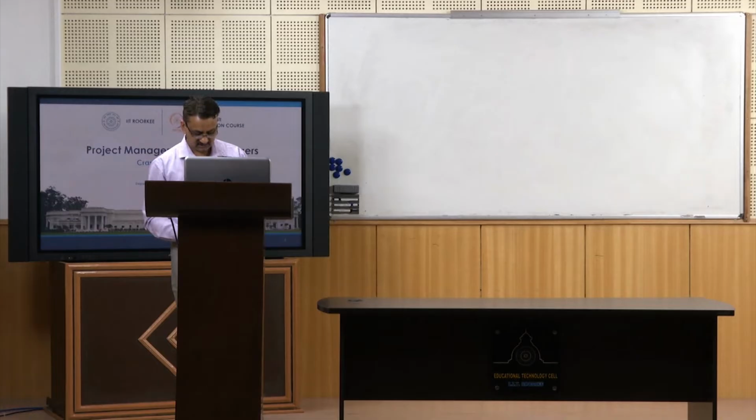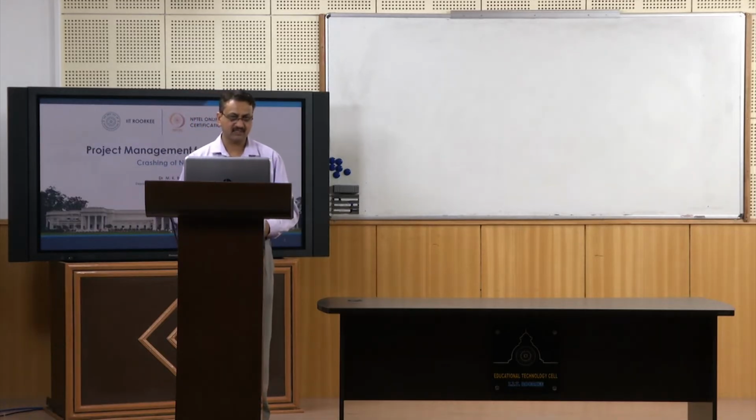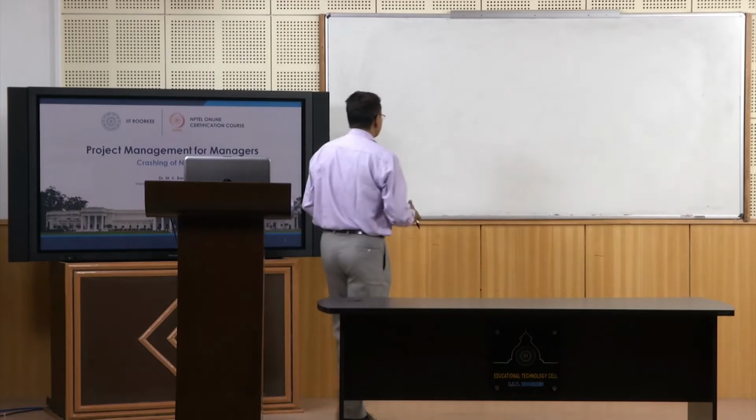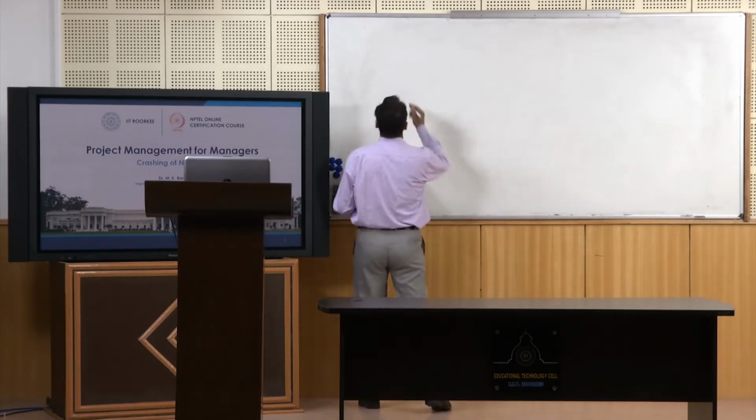This is quite a lengthy and complex method, but since you have computers, you can write a program and efficiently solve questions like this, right? So the first network is this.